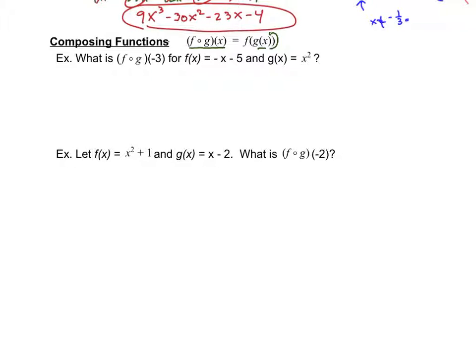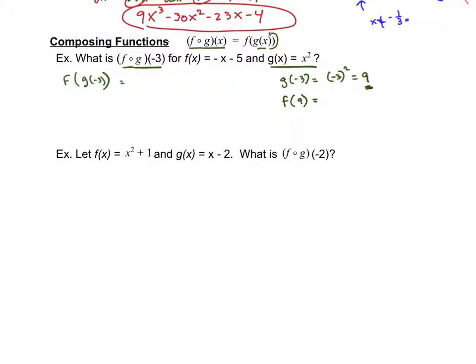So if I look at f of g of negative 3, I first find g of negative 3. Well, g of negative 3 is negative 3 squared, or 9. Now I take that 9 and put it back into my f of x.